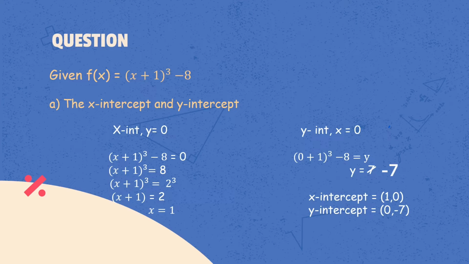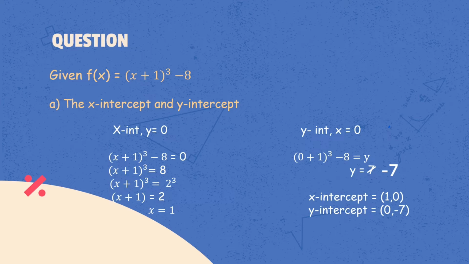Then, we bring the negative 8 to the right and it becomes positive. (x plus 1) power of 3 is equal to 2 power of 3. Because we want to get the whole number, we cut the power of 3 at the right and the left. So, x plus 1 is equal to 2. Then, x is equal to 1.